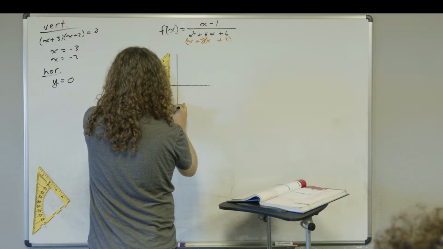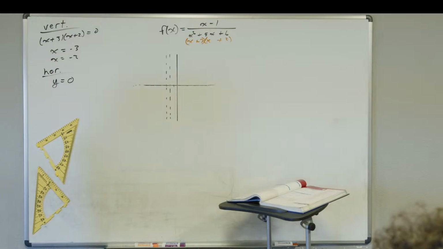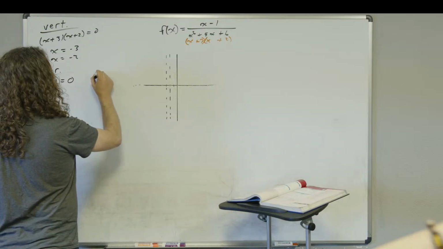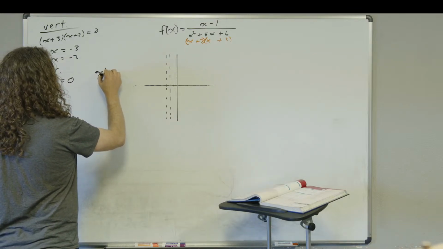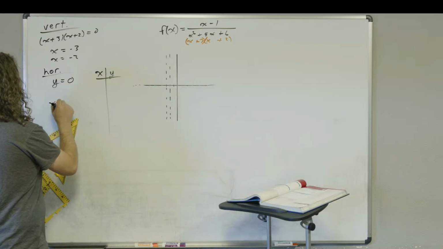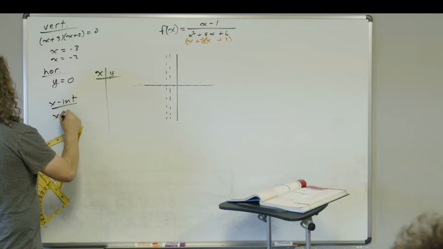We should use the tool that I just gave y'all. What's another quick tool we can use before we even worry about points? Well, it's actually going to give us a point: the x-intercepts. So how do we find the x-intercept? Set the top equal to 0. So x minus 1 equals 0.